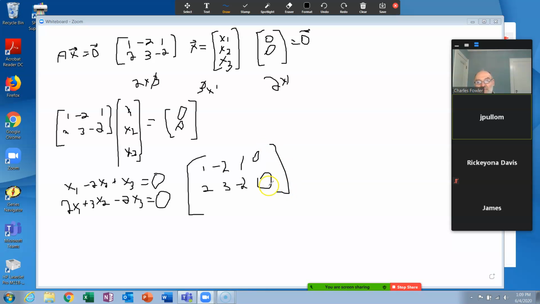So, what's the first thing we want to have for a Gauss-Jordan elimination? A 1 in the first position. We got it. We're happy campers. What do we want under that? A 0. How do we get a 0 under that?